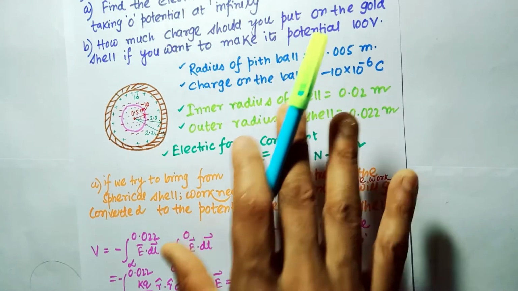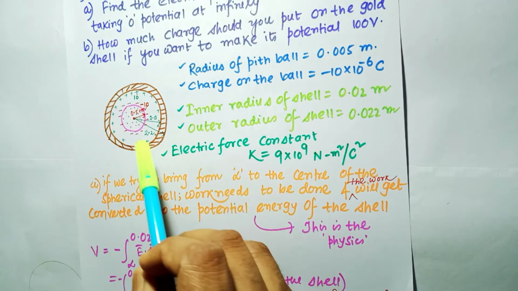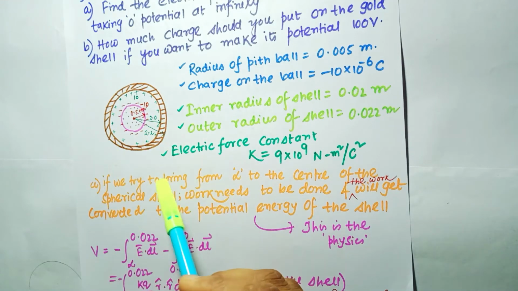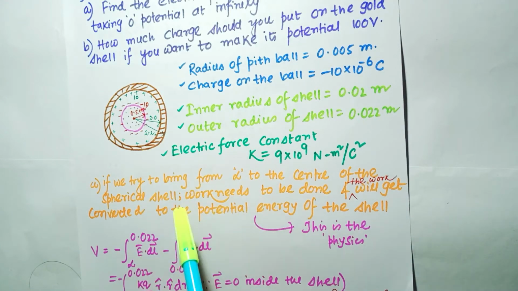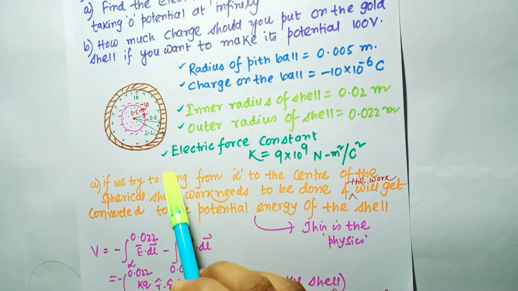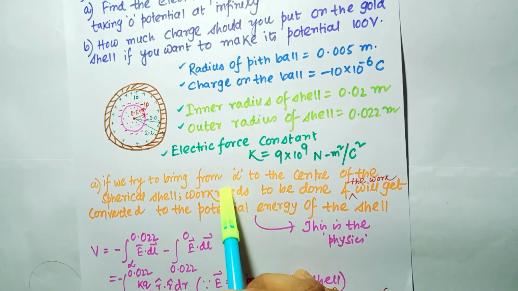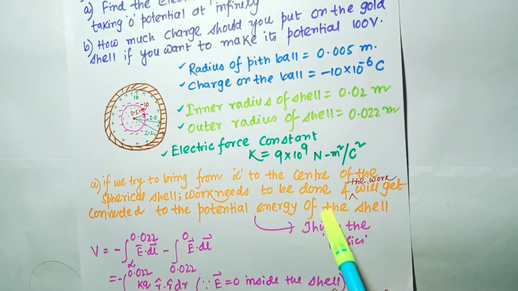The pith ball is placed inside the gold shell, so initially I need to calculate the potential of the shell. If we bring the pith ball from infinity to the center of the spherical shell, work needs to be done and the work gets converted to the potential energy of the shell. This is the physics.